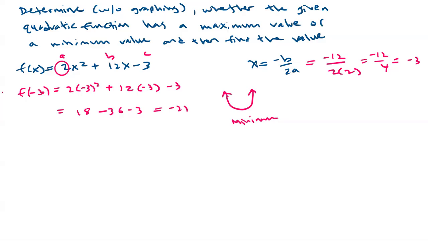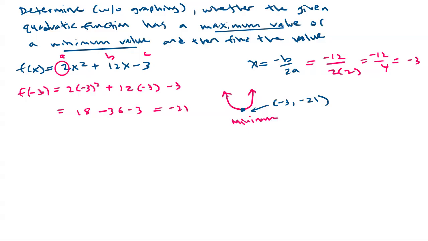So what did we just calculate? That point is at negative 3, negative 21. That's the point we just figured out, the vertex. And what we want is the value. When they're asking for the maximum value or the minimum value, they want the y value.